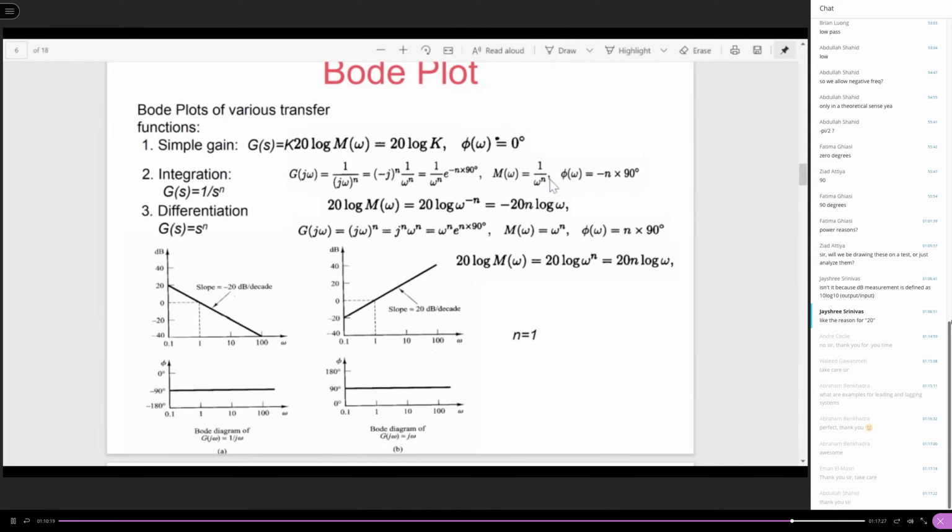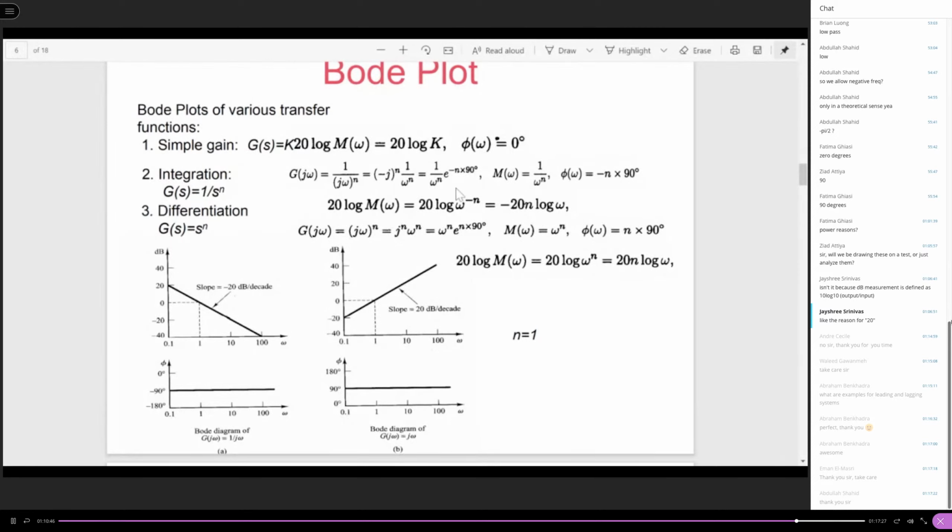An integrator is also a low pass filter, and depending on how many integrators you have, when omega increases, the decrease of M(omega) is significant. n is a positive integer, so n is always larger than or equal to 1.